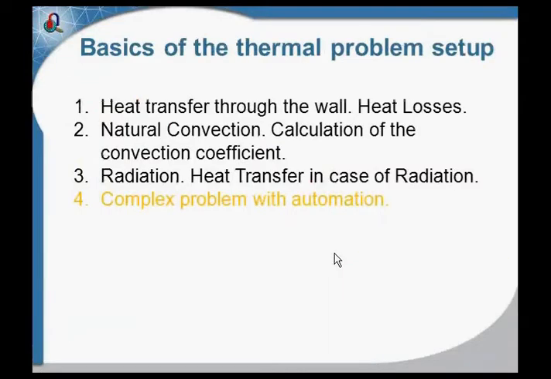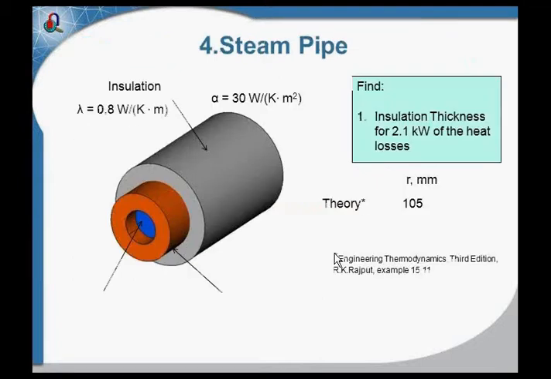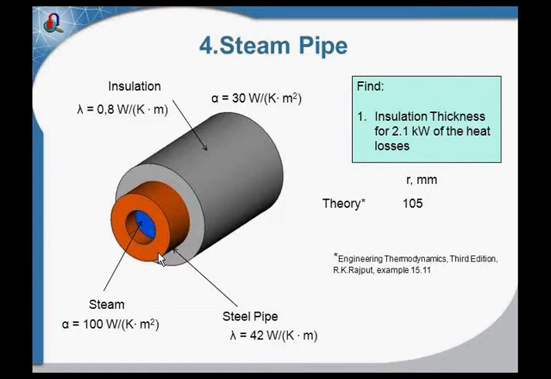So the last problem of our webinar is devoted to the optimization utility of QuickField called label mover. The problem is the following. Hot steam is passing through a steel pipe. This orange is a steel pipe, and the steam is passing through this.